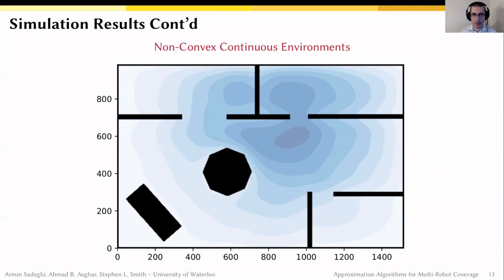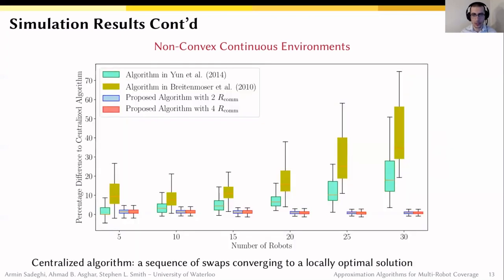For more extensive simulation results, we use this environment. The distribution of the events in the environment is shown as well. We compare our algorithm to two existing algorithms. The green algorithm is an algorithm for the discrete coverage problem, which is adapted to non-convex continuous environments. And the yellow one is for non-convex continuous environments.